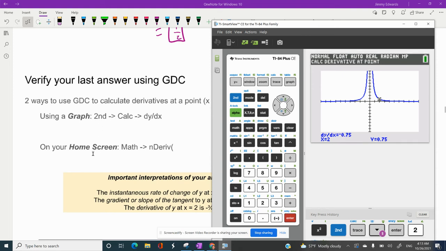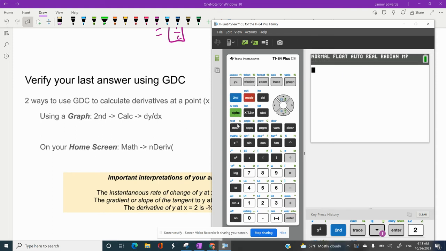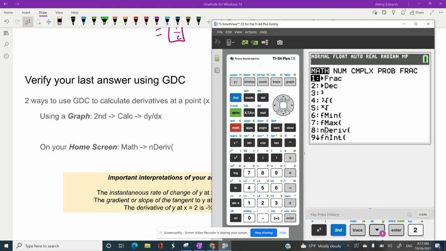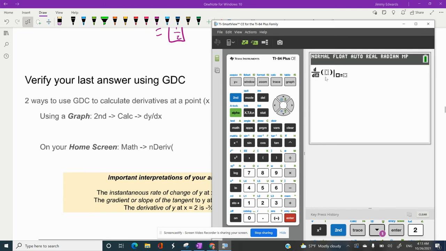On the home screen, we can do this as well. Second, quit. We're going to go to math. Math. And we go down here, it says n deriv. So this is how we find a numerical derivative. That's what that stands for, numerical derivative. So we did math, n deriv, hit enter. And it asks for some information.